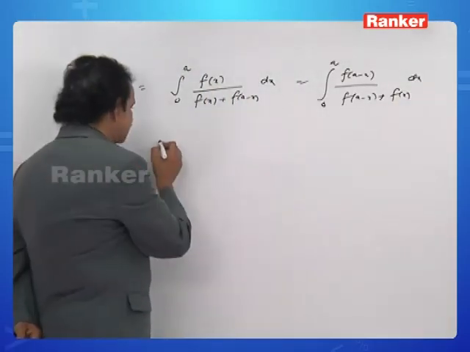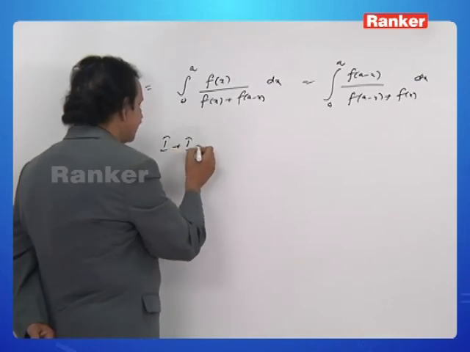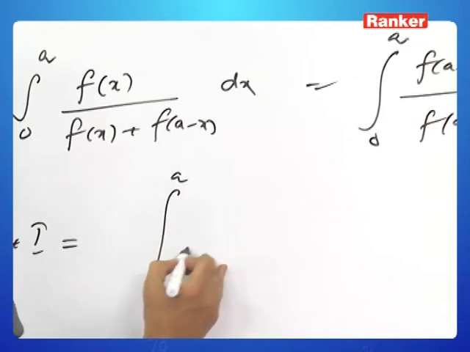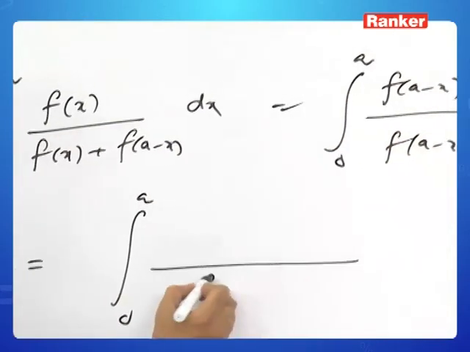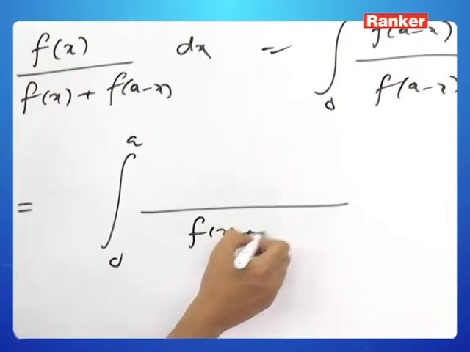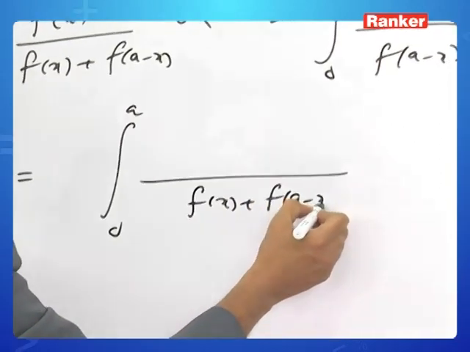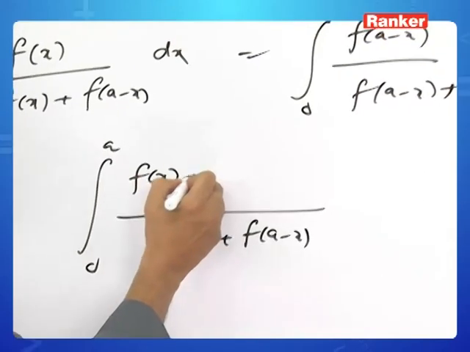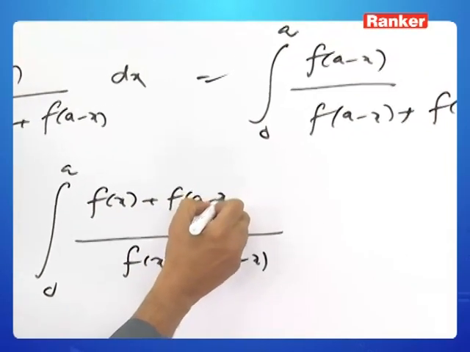As in the previous case, you add these two again. What is I plus I? Integral 0 to a. These two have the same denominator. If you add these two, you get f of x plus f of a minus x.